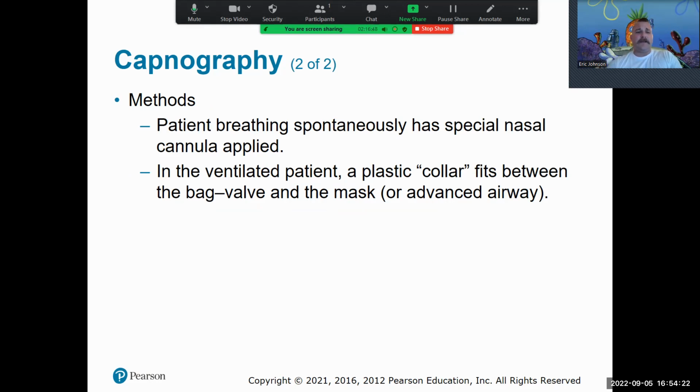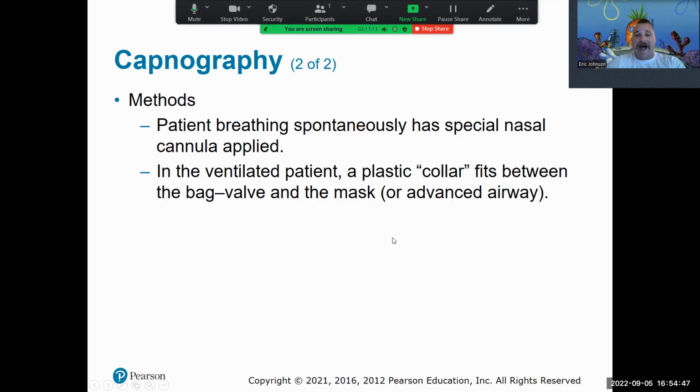Or, because it is a live reading and not delayed like SpO2, if we get a large rush of carbon dioxide in a patient that's been in cardiac arrest, it can be an indication of the patient regaining ROSC, return of spontaneous circulation. So they've got a heartbeat back, and they're basically just dumping all that retained CO2.